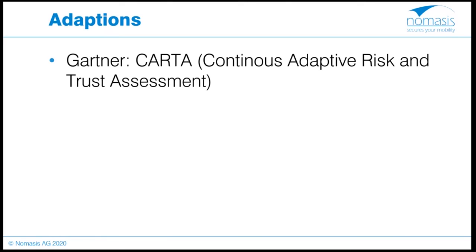Again, zero trust is already 10 years old. So there are famous adaptations of zero trust. Before moving into examples, I would like to show you there is Gartner. They are using CARTA, and you see already the name, Continuous Adaptive Risk and Trust Assessment. So that's what I told you before, that we evaluate every access, but also we monitor every access.